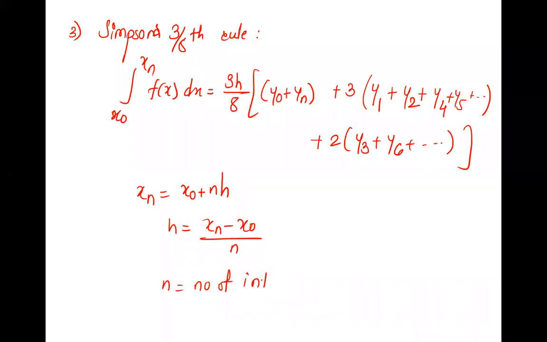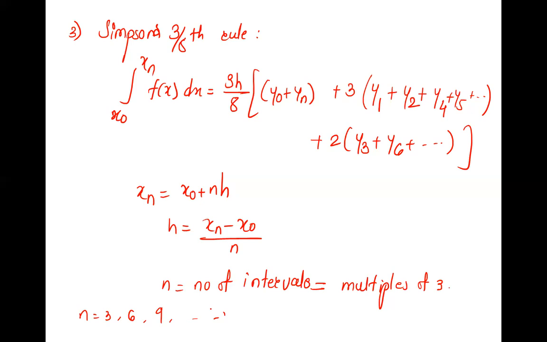Means how do you divide this? So the number of intervals here must be a multiple of 3. Okay, means n can be 3 or 6 or 9, like that. If you are solving by Simpson's 3/8, your n must be 3, 6, 9, multiples of 3 always.